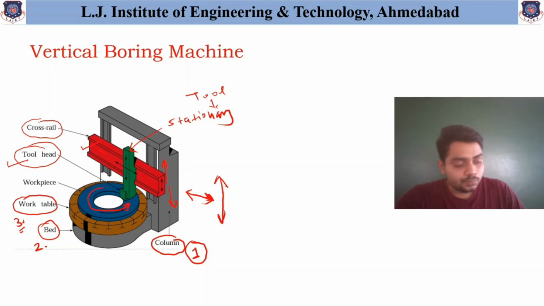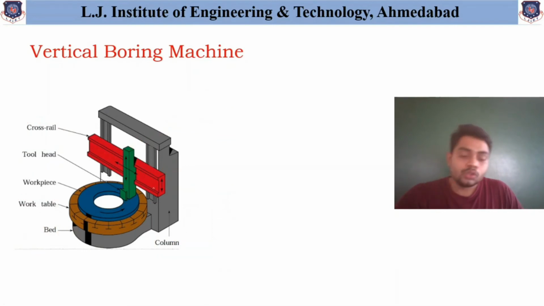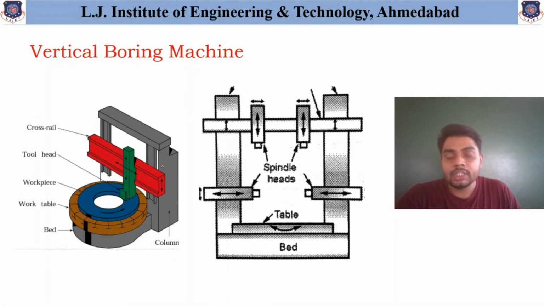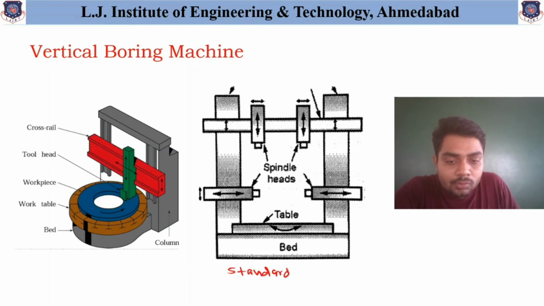Now, from an examination point of view, to draw the vertical boring machine, you can consider this 2D figure. This 2D figure is nothing but the standard vertical boring mill. So this figure represents the standard vertical boring mill, which is one type of vertical boring machine.